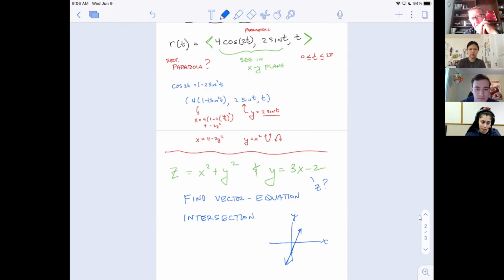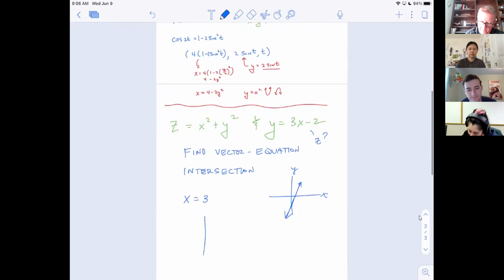Zero? Think about this. What if I said graph the equation x equals 3? Notice I didn't say anything about y. Is that the point? Is that what the graph of x equals 3 looks like?